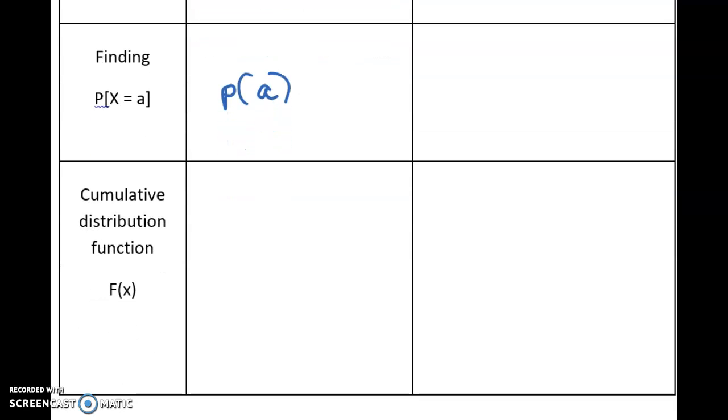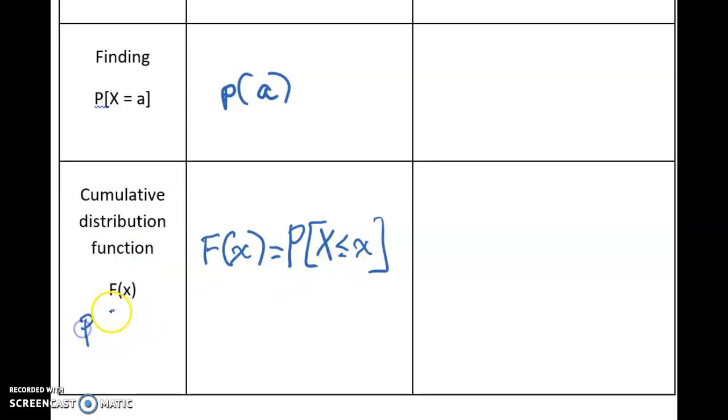The cumulative distribution function, capital F of x, is defined as the probability that x is less than or equal to value little x. So a cumulative distribution function is always a less than or equal to probability. In fact, we can write that it's always true no matter what. It's always less than or equal to.